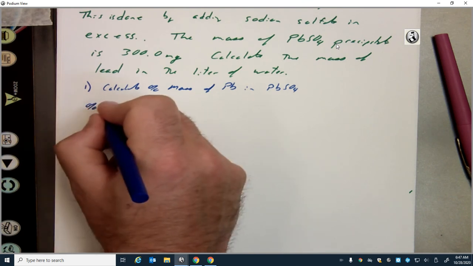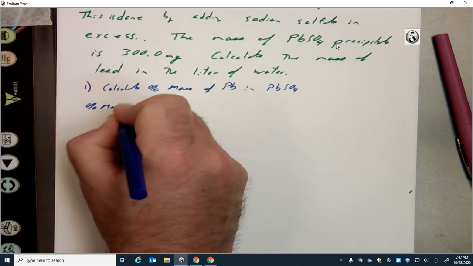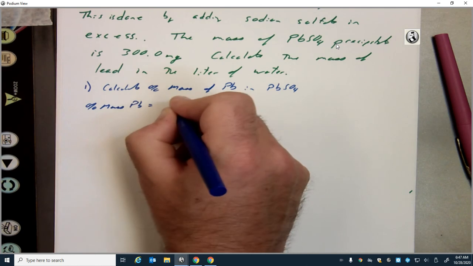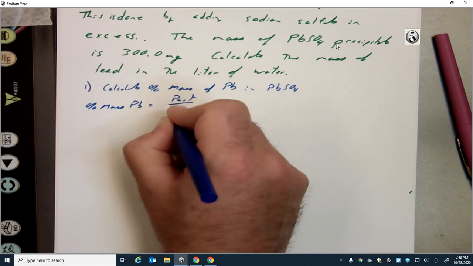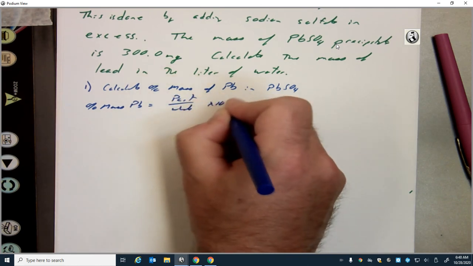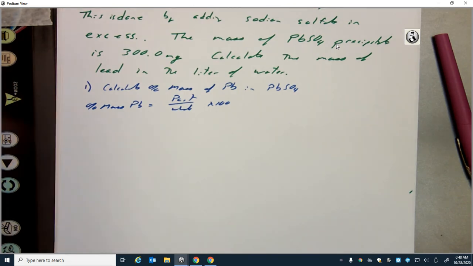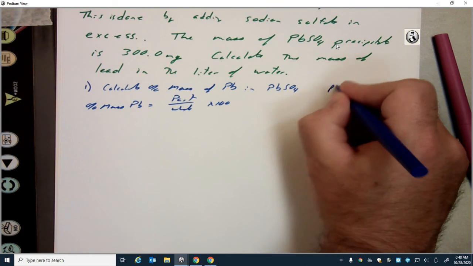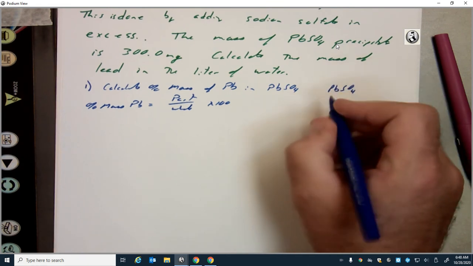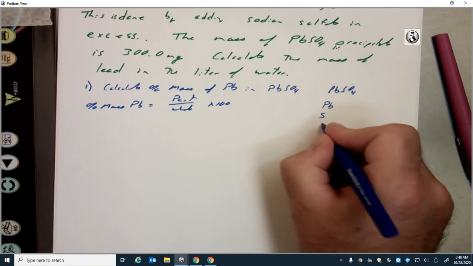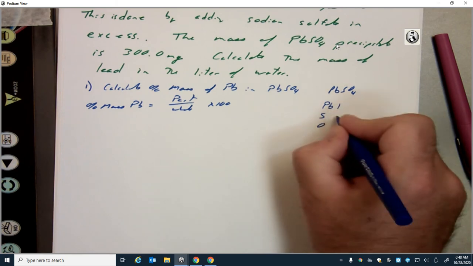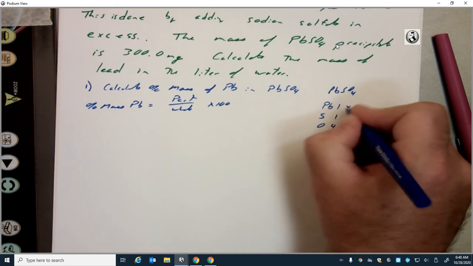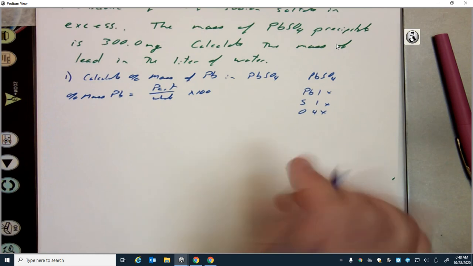So the mass of the lead is equal to the part over the whole times 100. Right, and I need the GFM, so let's do that over here. PbSO4: I have lead, I have S, and I have oxygen. I have one of these and one of these and 4 of those, and we multiply.